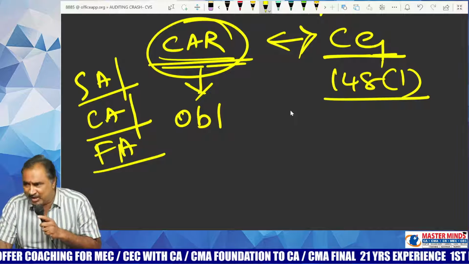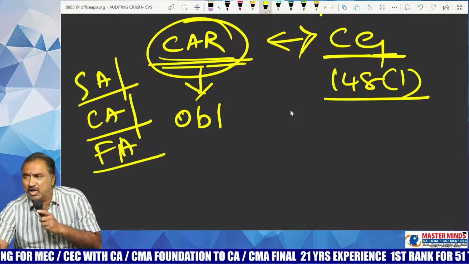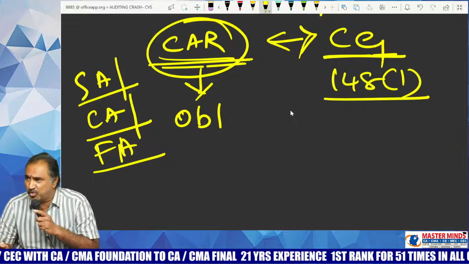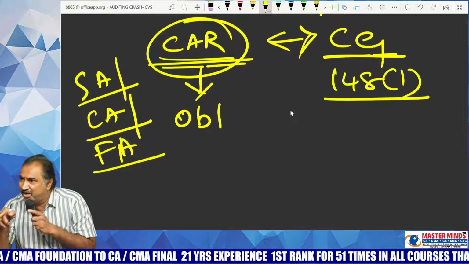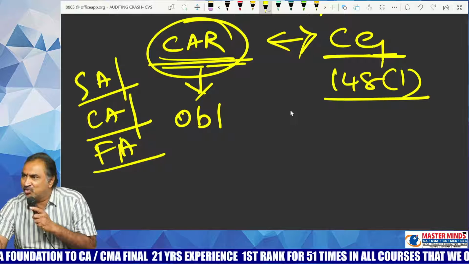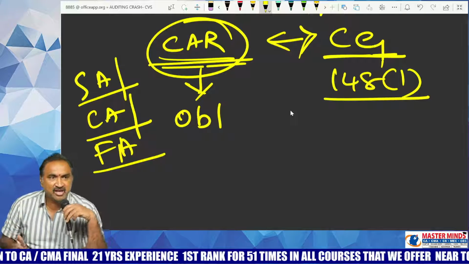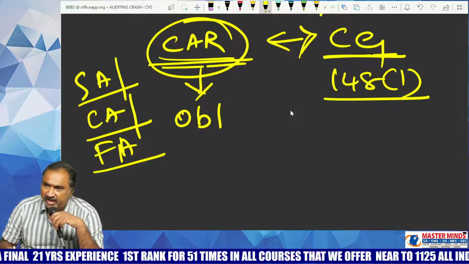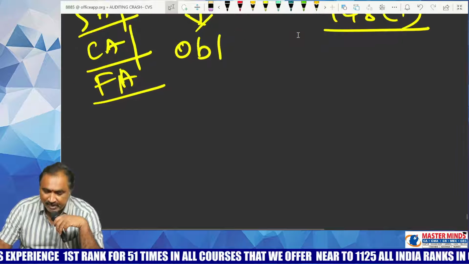To make a comment on that, you need to go through them. You are not expected to carry out an in-depth audit. This is all about the right of the statutory auditor in respect of access to cost accounting records maintained by the company.